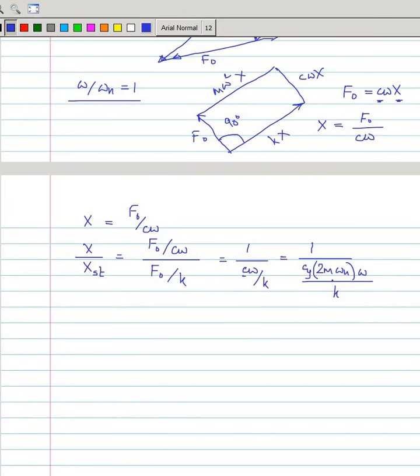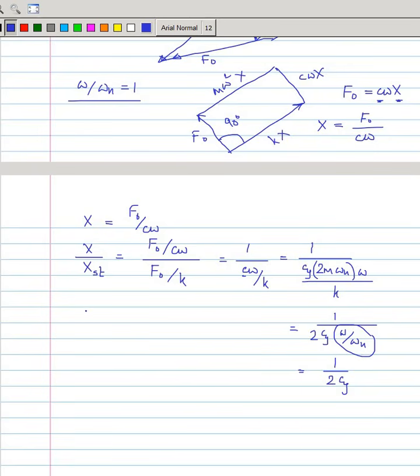So k by m is omega n square, so this is 1 by psi, omega n square, omega n square cancels, so this is 1 by 2 psi omega by omega n, and since omega by omega n is 1, it is 1 by 2 psi.